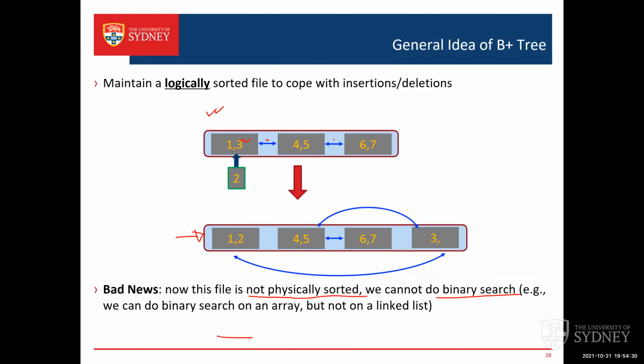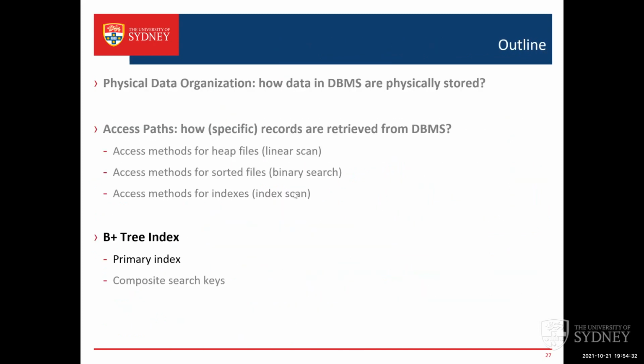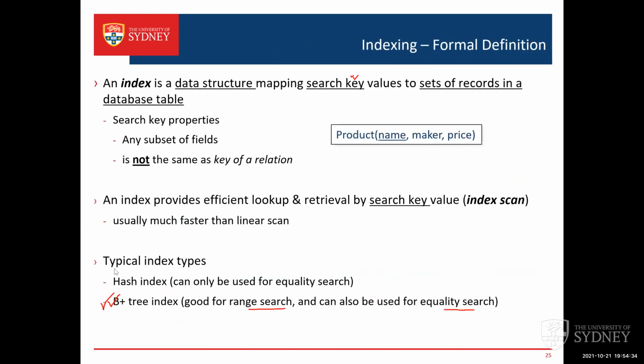So these are different types of index that we are creating. Today we'll only talk about B plus tree. We also have hash index there. So these are different types of indexes that are available.